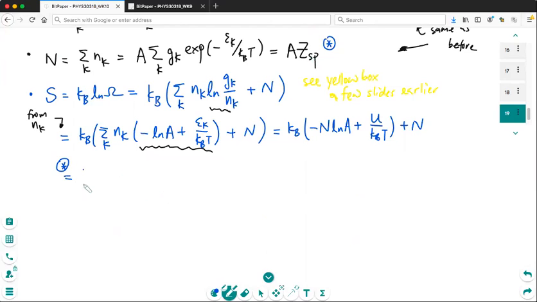So this will be kb minus n remains, and log a using star, I will have log n minus log z plus u kbt plus n.